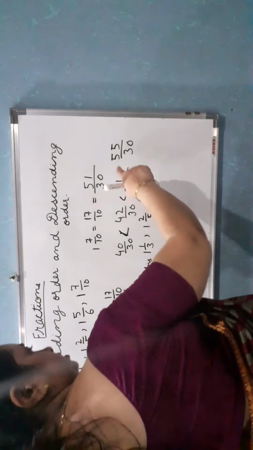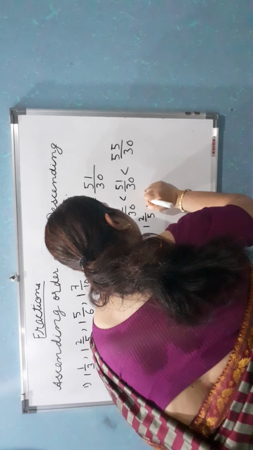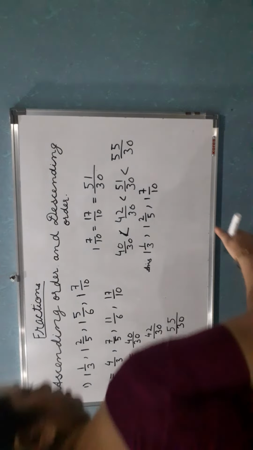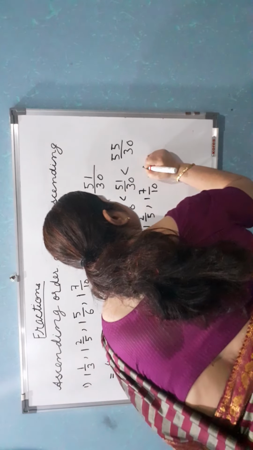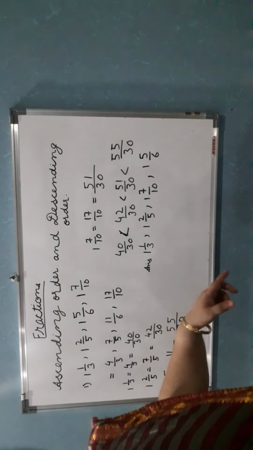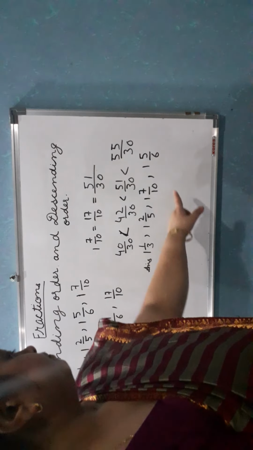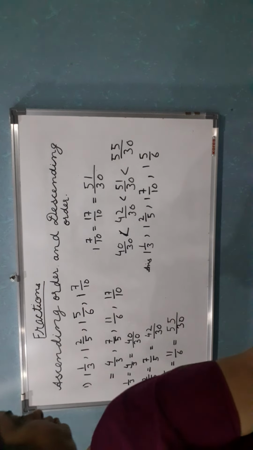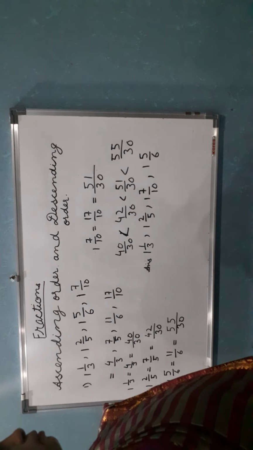The next one is 51 by 30, so this will be 1 7 by 10. And the last one will be this, 1 5 by 6. In descending, just the opposite of this: first write this, then this, then this, then this. So descending you do yourself, this is your homework.